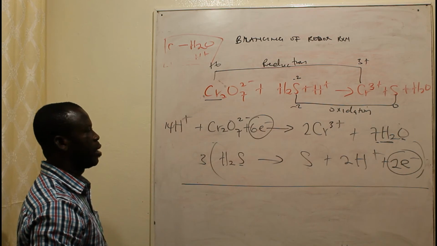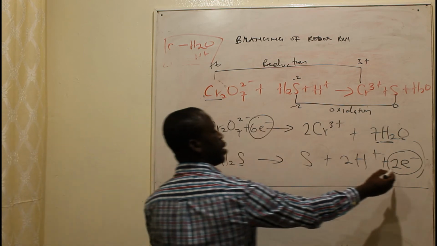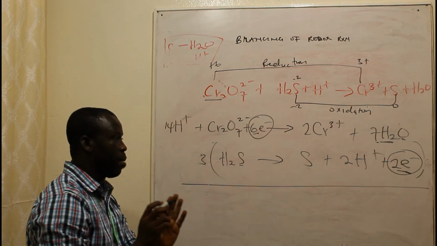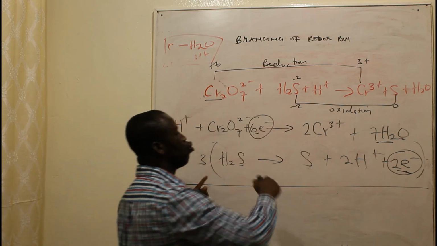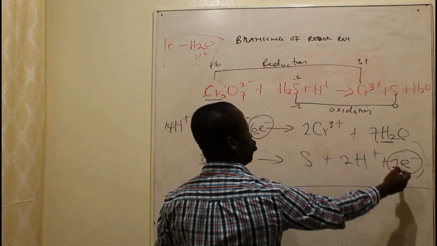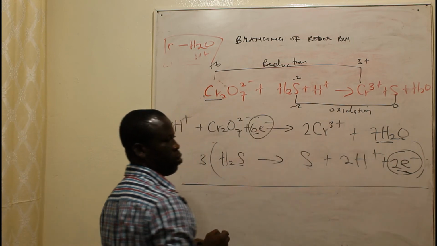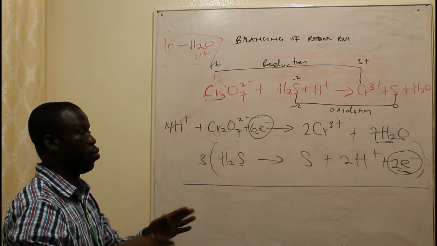By 3, you realize that we will get 6 electrons, which will cancel the 6 here. The reason why we multiply by 3 is that we want to do away with the electrons. If this one is 2, then multiply by 3, so that we get 6 electrons here, just like we do in a simultaneous equation.